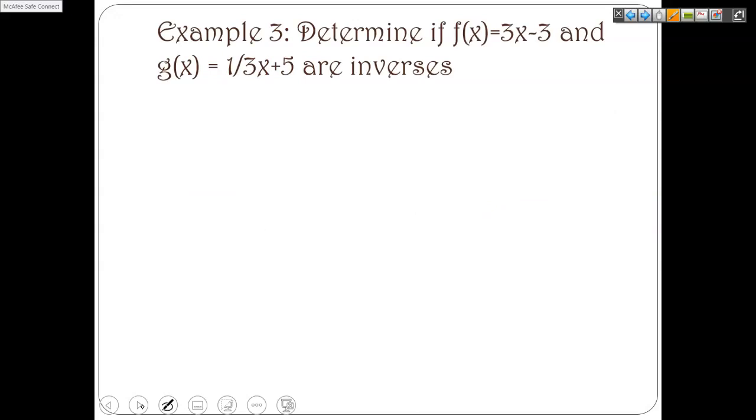So we have f of x equals 3x minus 3, and g of x equals 1/3 x plus 5. So if we want to determine if they are inverses, we have to do last week's lesson where we do f of g and g of f and determine if they equal x. So we're going to start by plugging g into f.